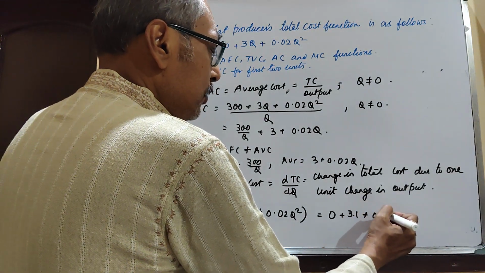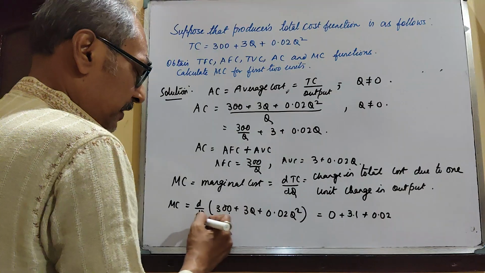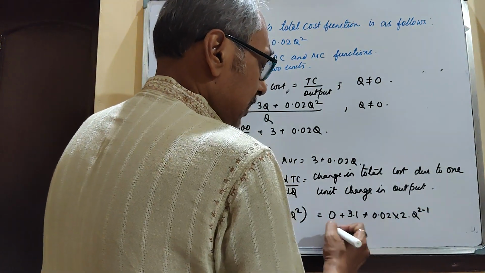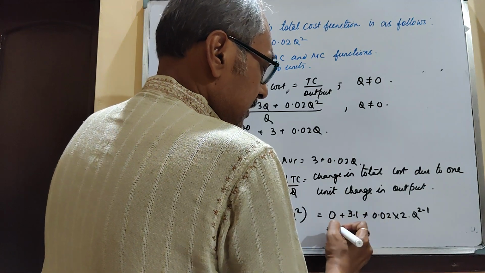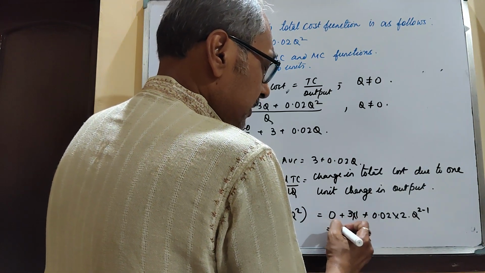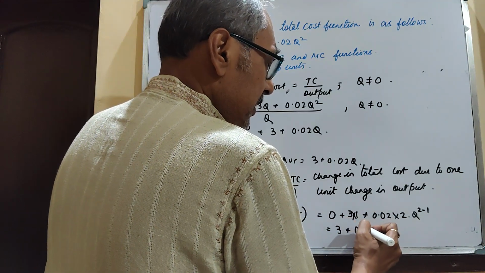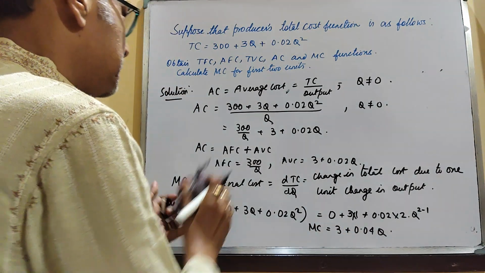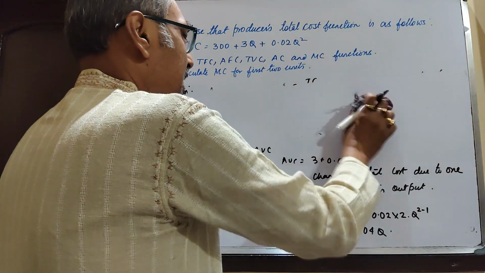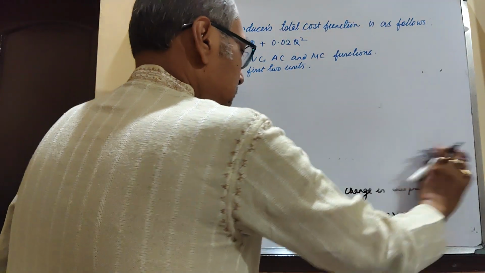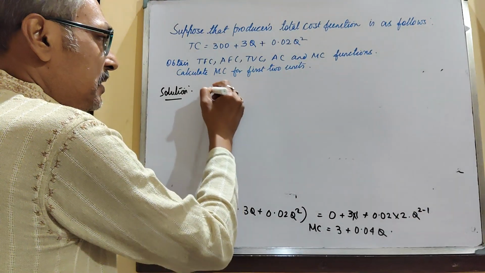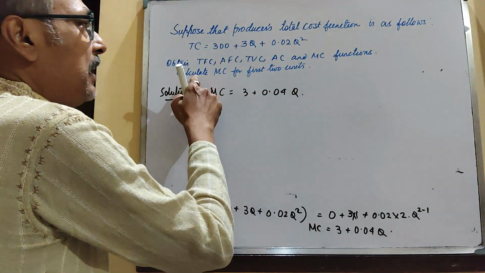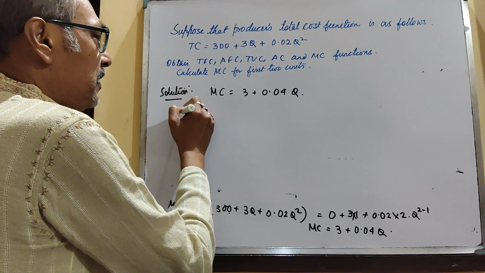Then for 0.02Q squared, 2 comes down and Q to the power 2 minus 1. Therefore this is 3 into 1, 3, plus 0.04Q. What is MC then? MC equals 3 plus 0.04Q.